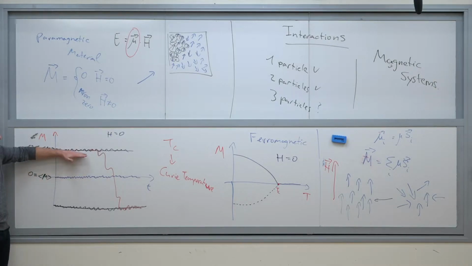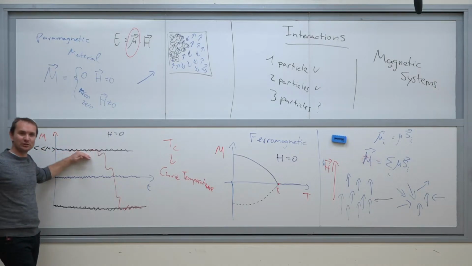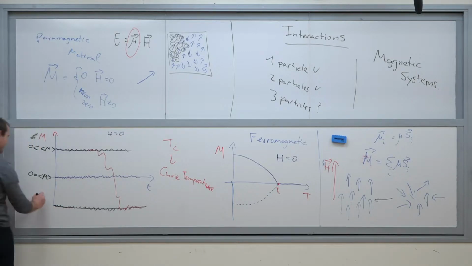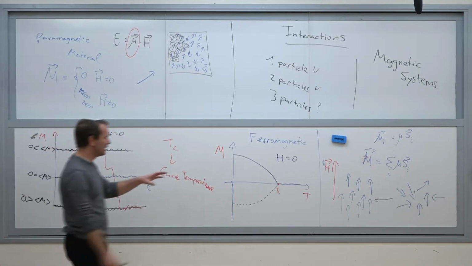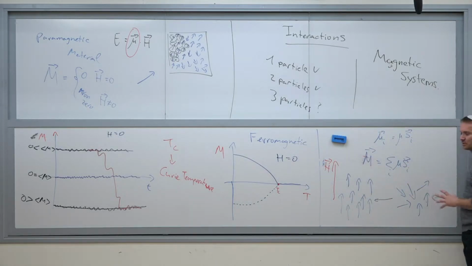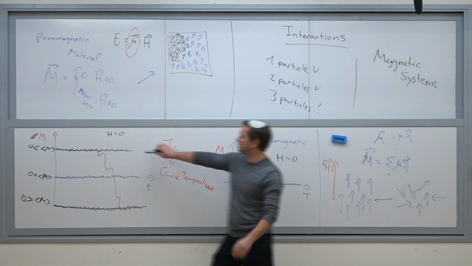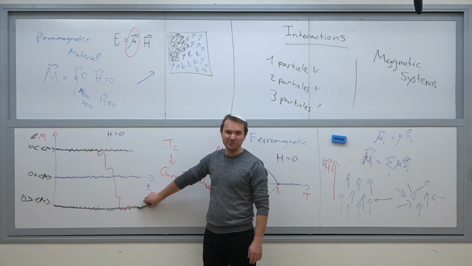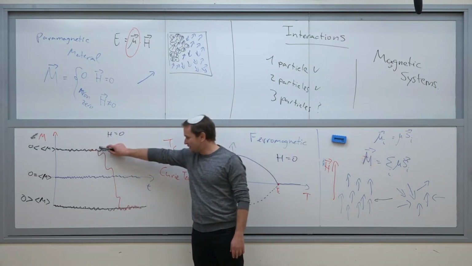Whether you are in average M greater than 0 or average M smaller than 0 depends on the history and on where you started in your disordered phase. You can observe this solution and you can observe this solution, and very, very rarely you can observe transitions.